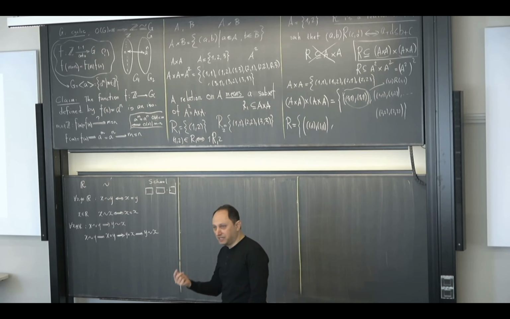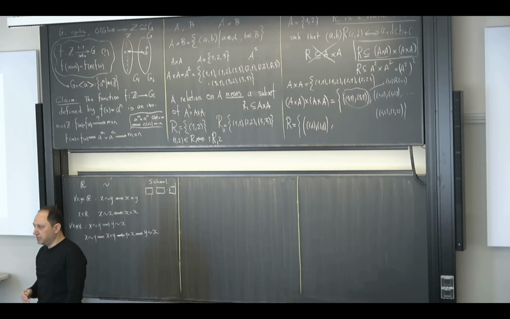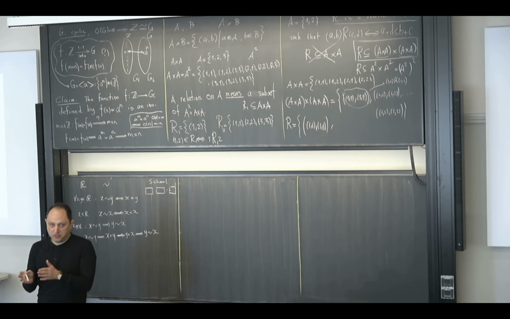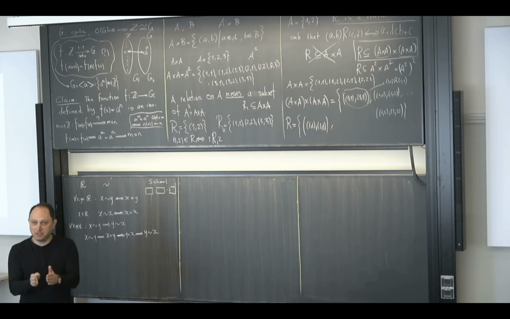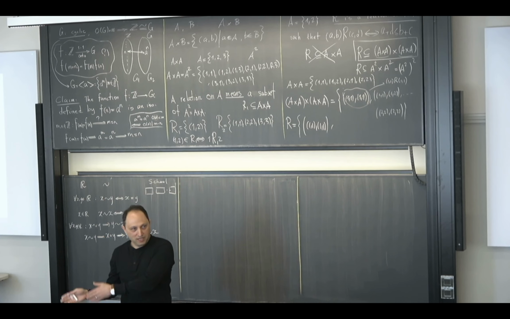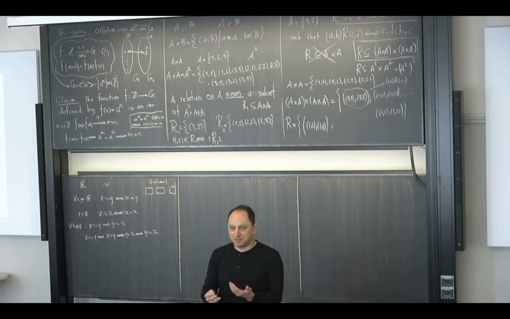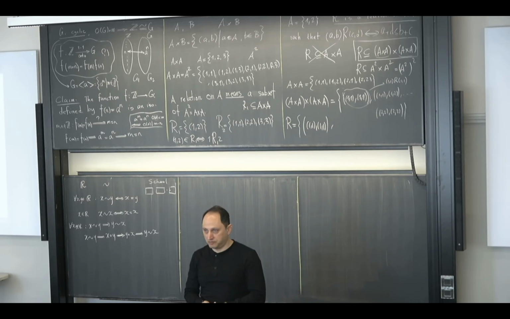So everyone is in the same classroom as himself or herself. If person A is a classmate of person B, then B is also a classmate of person A. So it is symmetric. If person A is a classmate of person B and person B is a classmate of person C, it means person A is also a classmate of person C. So being a classmate is an equivalence relation. Yes? Is that clear? Understandable?